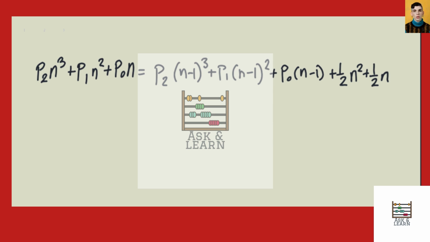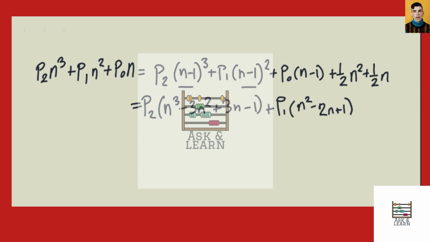Okay, and then we can expand these pieces here, and we will get p2 times (n cubed minus 3n squared plus 3n minus 1) plus p1 times (n squared minus 2n plus 1) plus p0 times (n minus 1) plus 1/2 n squared plus 1/2 n.